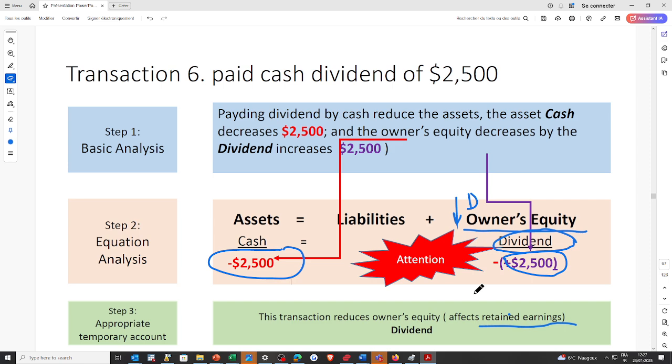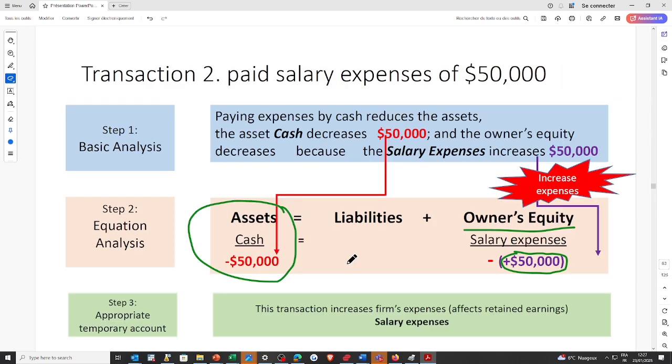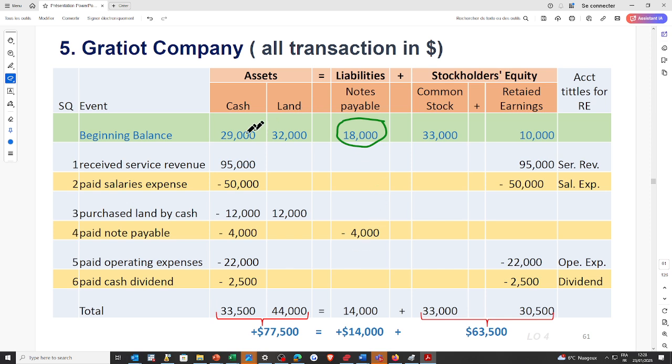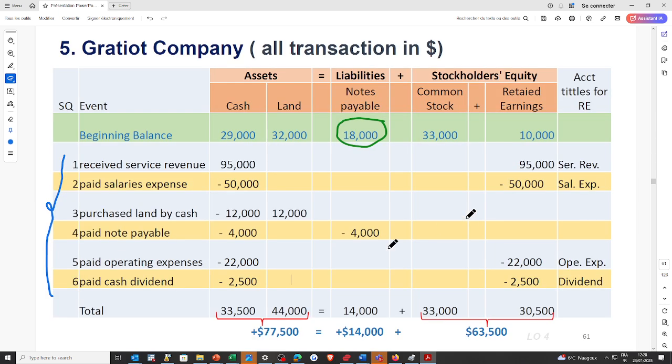So this is transaction number 6. Paid cash dividend: decrease cash, decrease the owner's equity, and we have a temporary account here, the dividend, which increases. So after this transaction, you input all of the transactions in this table, from the first transaction, second transaction, and so on. Finally, you have to summarize the amounts of your asset accounts.